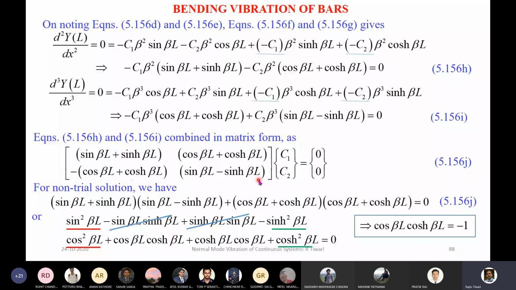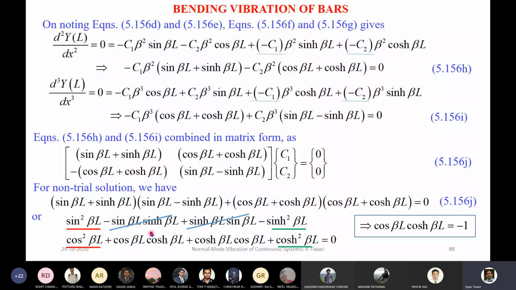So for a non-trivial solution, that is a non-zero solution, we need to have the determinant of this equal to 0. So if we keep the determinant of this equal to 0, we will multiply this with this minus this by this. So this is the determinant of this matrix. And if we expand it, then we'll see that some of the terms will cancel.